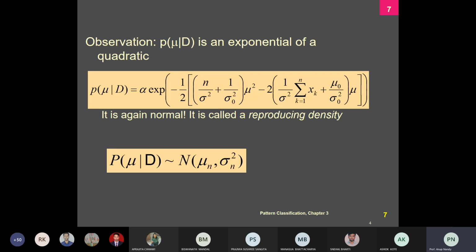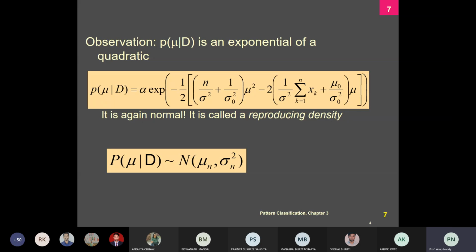So P(mu given D) remains a normal; you are assuming it is a normal distribution as the number n of samples is increased. If the number n of samples is increased, then P(mu given D) is said to be a reproducing density.